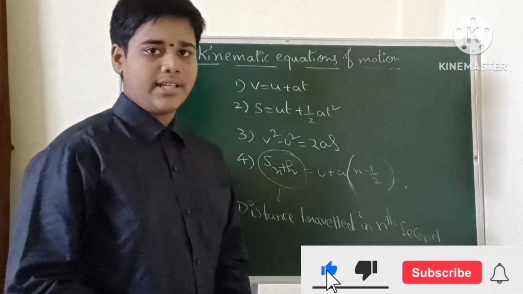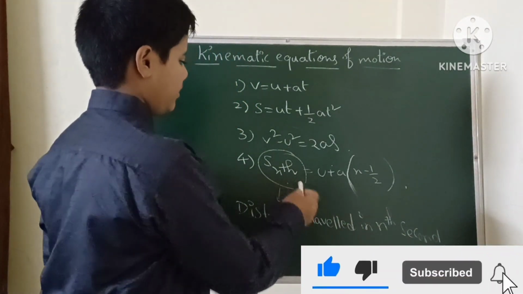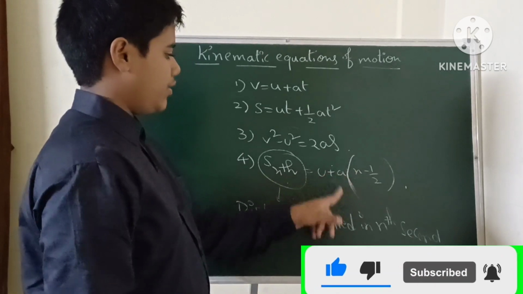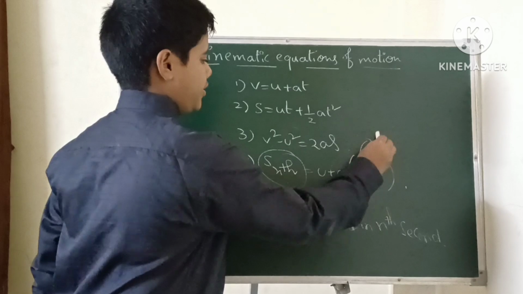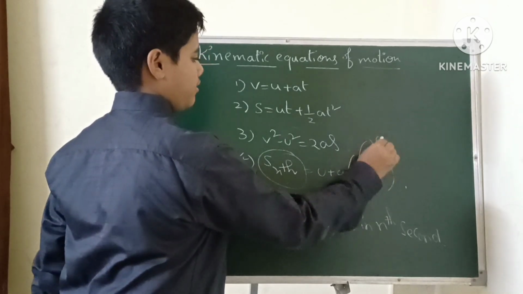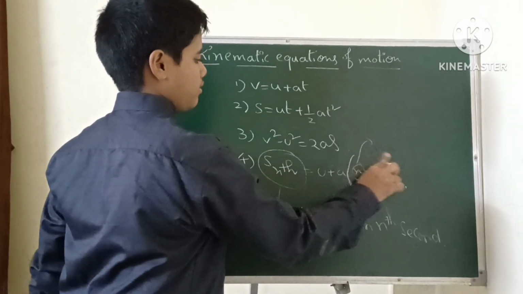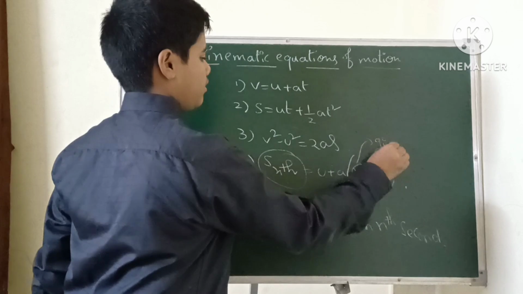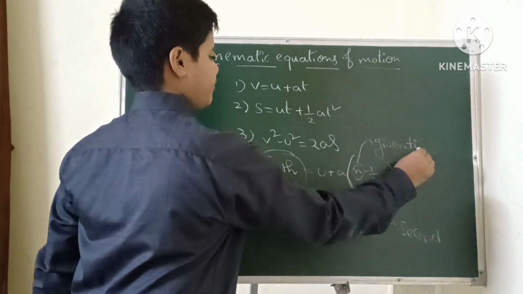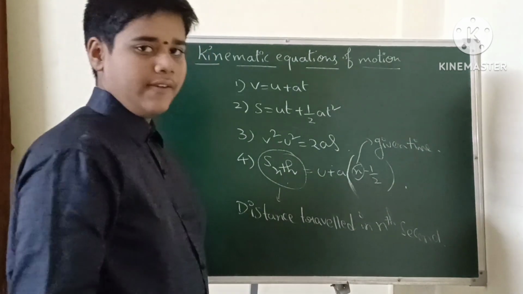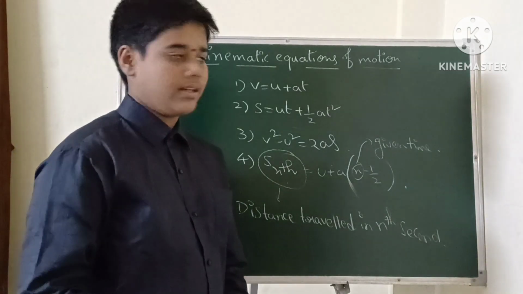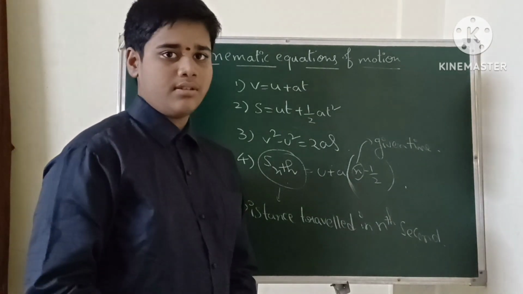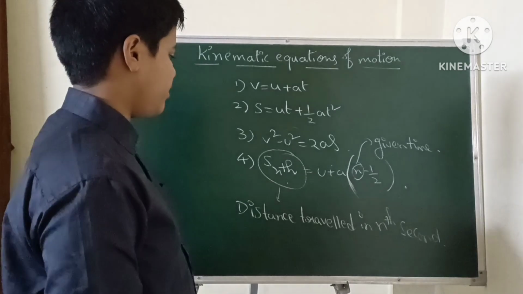Distance traveled in nth second. So a_n equals U plus A into (N minus half). N means we have to substitute the given time. Okay. So these are the four equations of kinematic equations of motion.